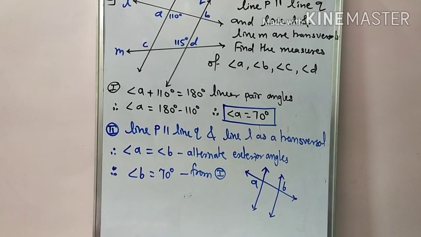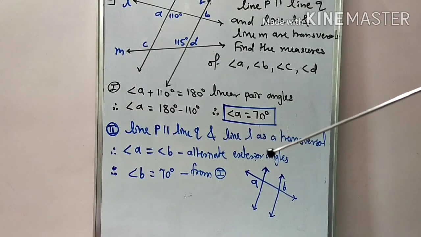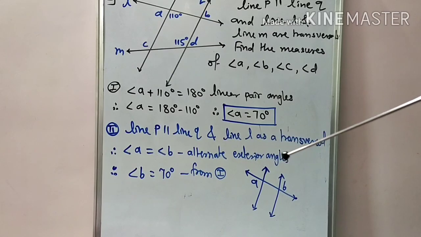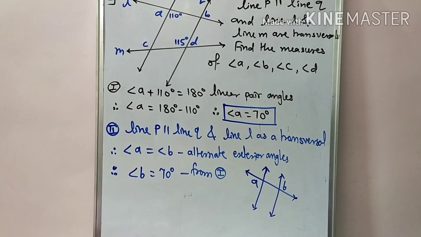Therefore angle A is equal to angle B, because if two lines are parallel, then the alternate angles formed by the transversal are congruent. That is the property for alternate interior angles and alternate exterior angles, and hence angle B is 70 degrees.